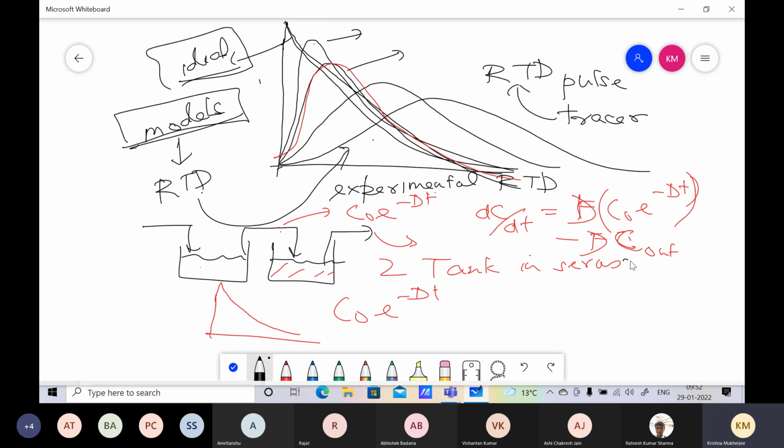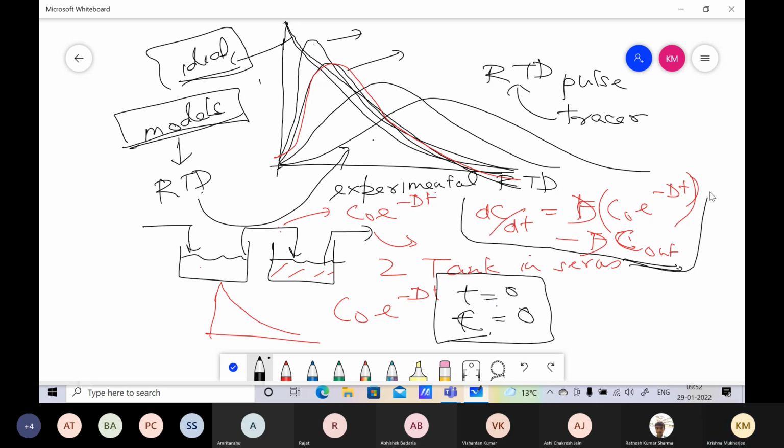With the initial condition that at t is equal to 0, C is equal to 0. And this is your differential equation, which is not difficult to solve.